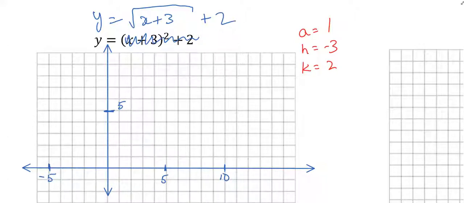So I'm shifting left 3 and up 2. I'm going to find that point, left 3, up 2.